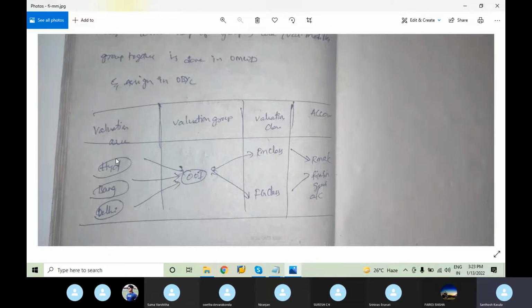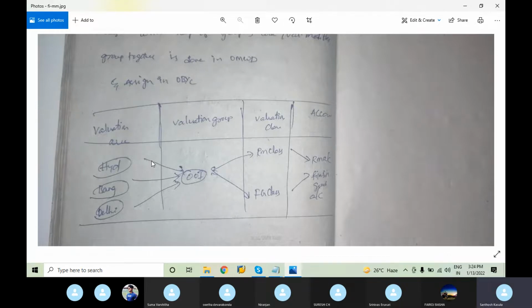For example, if the valuation area is defined at company code level, it means the same prices for all plants. This is a Hyderabad plant, Bangalore plant, and Delhi plant. All these clubbed together will have one chart of accounts and one set of GL accounts. This is known as valuation group, valuation modifier, or grouping code.